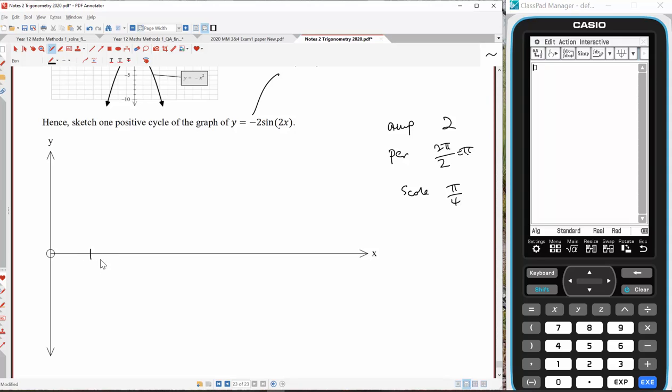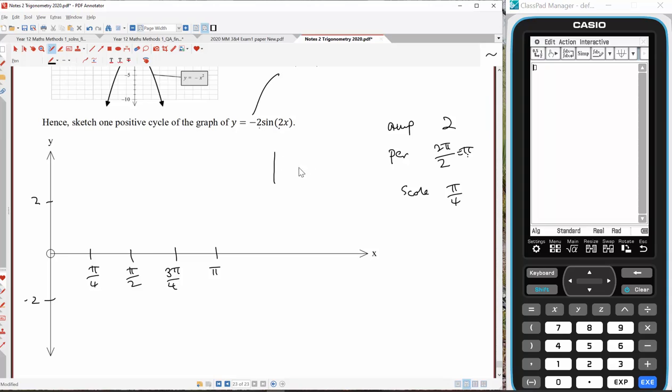All right, so let's label our scale. So we've got pi on 4, 2 pi on 4, which is pi on 2, 3 pi on 4, and it's always a really good thing when you get to the 4th marker point and you've hit what you know is the period. Right, our amplitude is 2, which means the function will max out at positive 2 and get its min at negative 2.